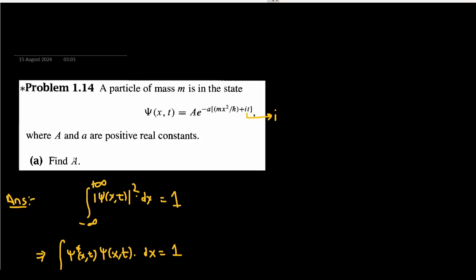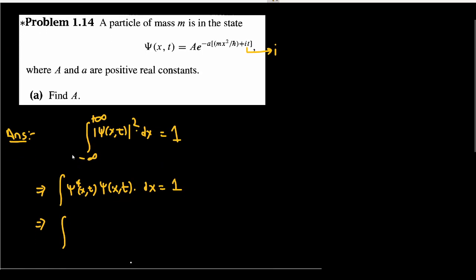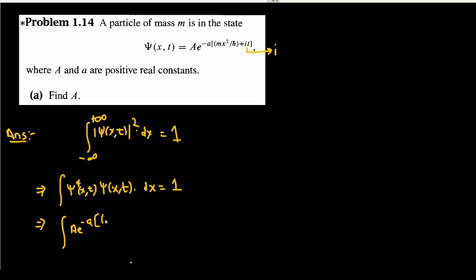What is the value of psi here? Psi is equal to A e to the power of negative a m x squared divided by h cut. How do we write the imaginary part? If I study complex numbers, the complex conjugate flips the sign of iota.